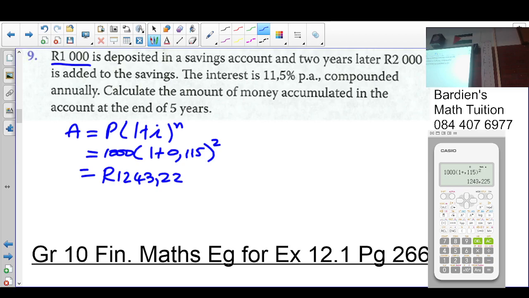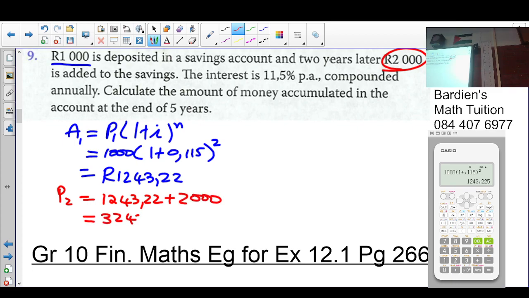Can you see that, people? Which means to say that is your accumulated amount of the first investment, and it's the principal of the second investment. So what will the principal of your second investment be? 1,243 Rand and 22 cents plus the 2,000 Rand. Can you see that, people? So that's going to give us 3,243 Rand and 22 cents.